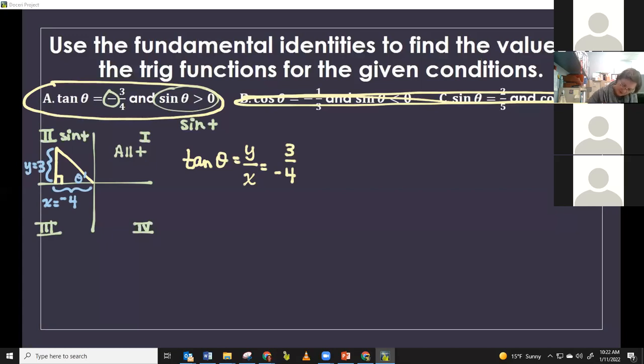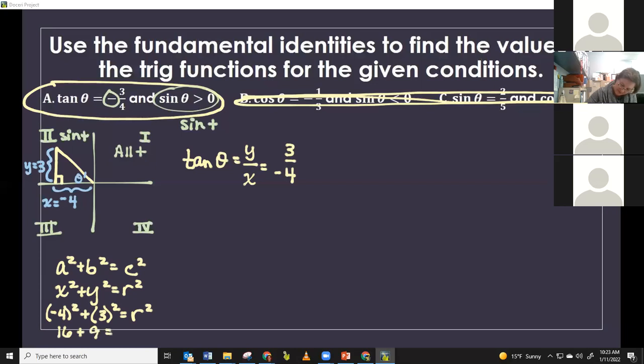Pythagorean theorem to find our radius, a squared plus b squared equals c squared, or x squared plus y squared equals r squared. So I'm going to do -4 squared plus 3 squared equals r squared. 16 plus 9 equals r squared.